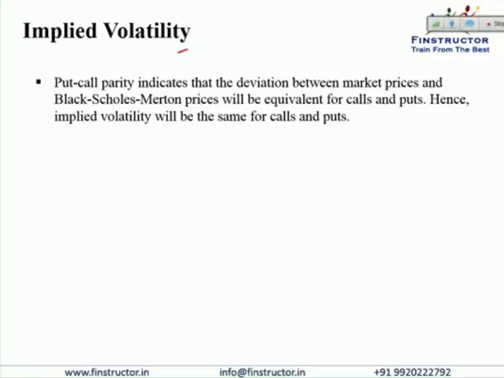We studied in FRM Part 1 that the price of a call option can be given by the Black-Scholes model as S N(d1) minus K e raised to power minus rT N(d2).